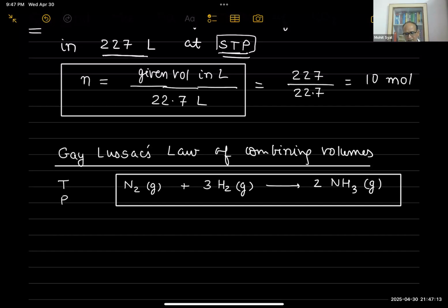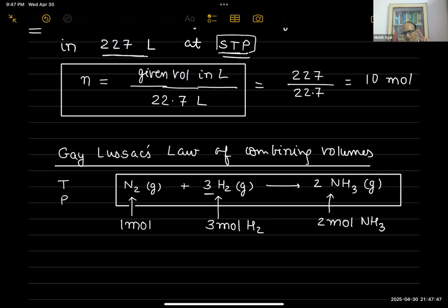And this chemical equation is telling that 1 mole of nitrogen combines with 3 moles of hydrogen, giving you 2 moles of NH3. Is it clear?